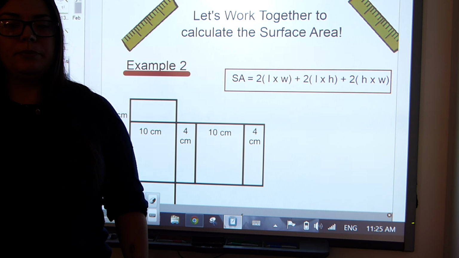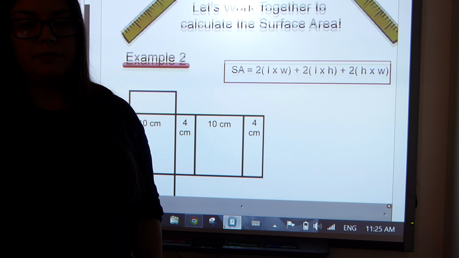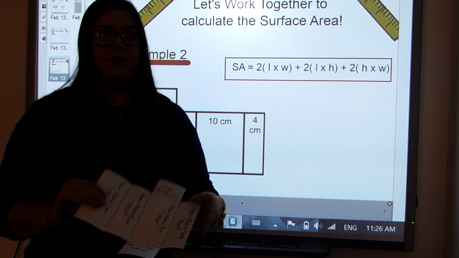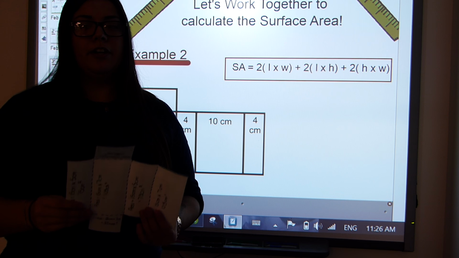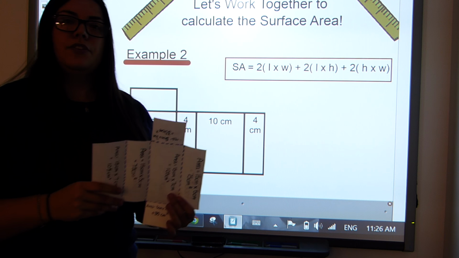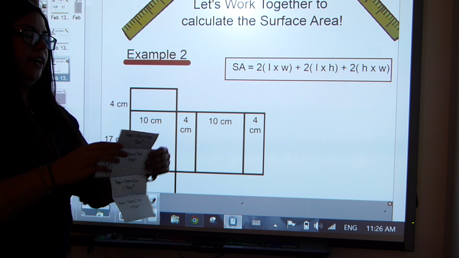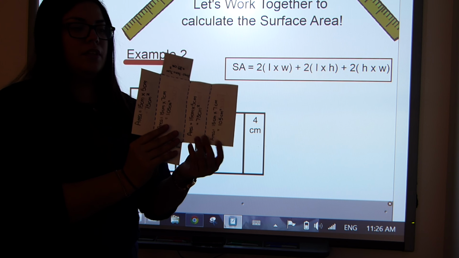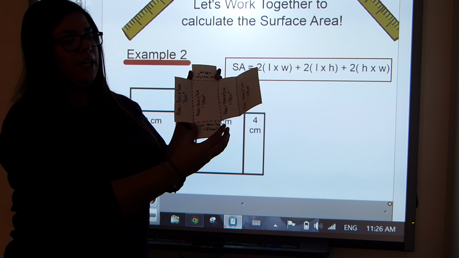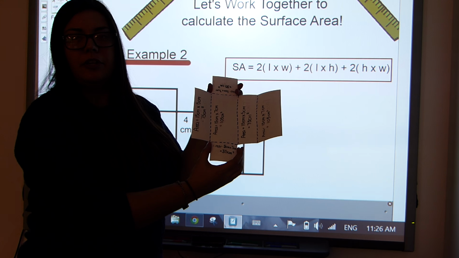So this is another example of a question that you could get where I just give you a net. So let's use our net that we have here. It's not the same numbers, but we can just use it so you can see the concept. So on the board, you have a net that looks like this. So it's telling you the flaps here, so the flaps are 4 centimeters.